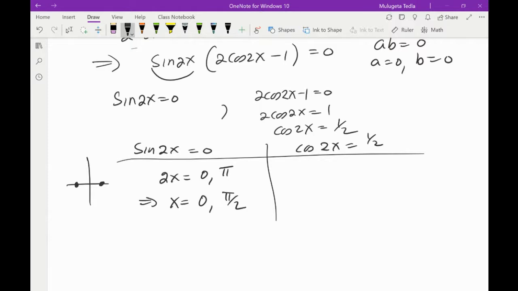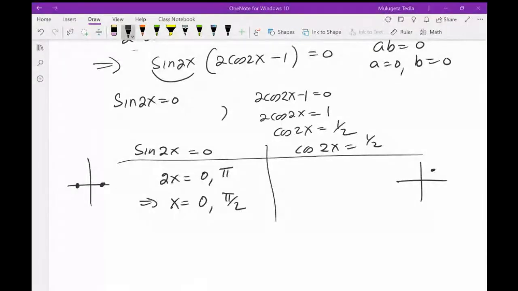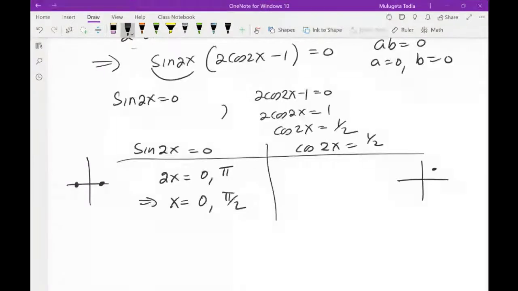So what about cosine 2x equal to 1/2? Of course, it's positive. So cosine is positive. In which quadrants? Which quadrant is cosine 2x positive? It is in the first quadrant and the fourth quadrant.